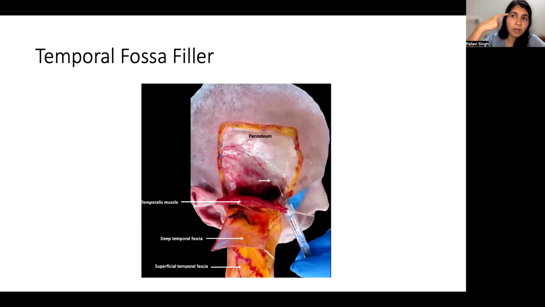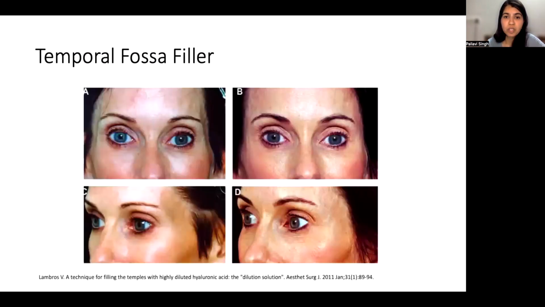Just go straight down perpendicular to the bone over here, and you're not going to encounter any vessel over there. So I think it's a safe area to inject. And what you can really do is just inject a slow injection, and you can inject a bolus of about 0.2 cc's or 0.3 cc's, and you can just see that temporalis muscle bulge out.